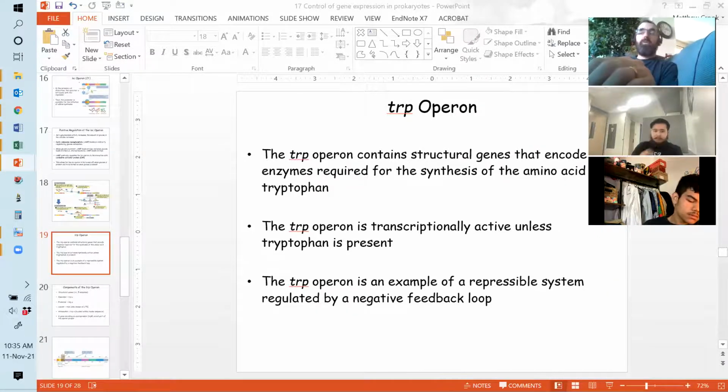And for the lac operon, the thing that turns it on is the substrate. The thing that turns it off is the product. In the trp operon, the thing that turns it off is also the product.